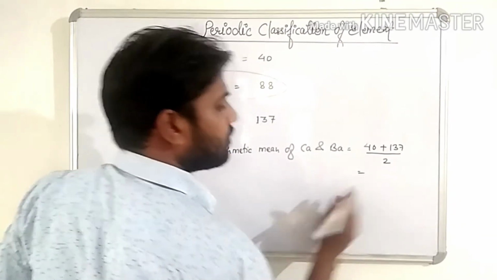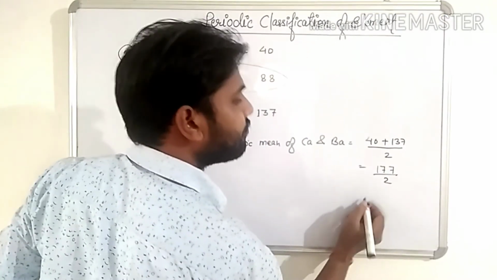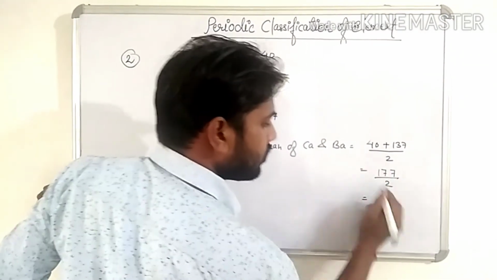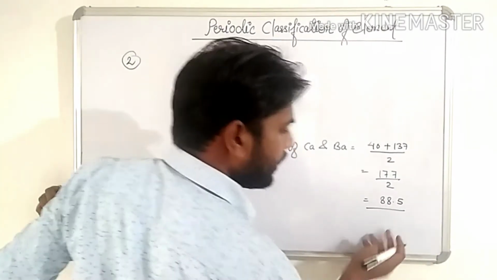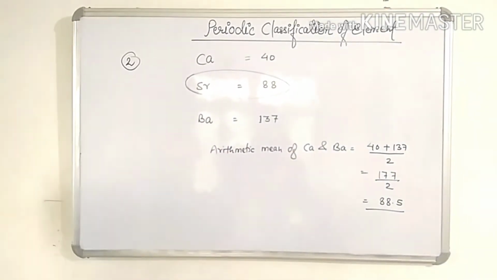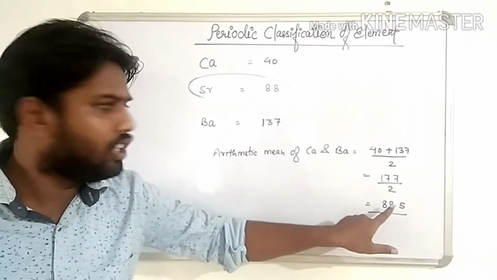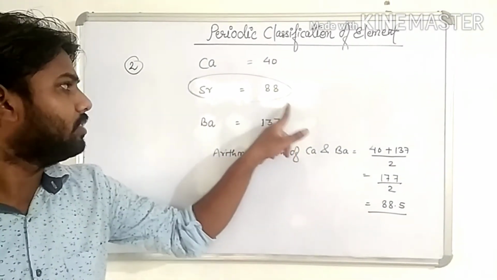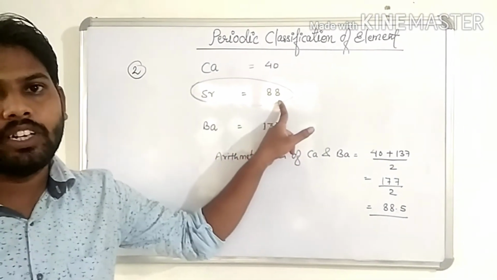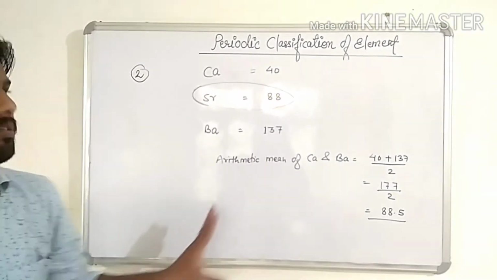We will get 177 by 2, clear? So children, the mass which we have got from this is nearly equal to strontium, children. Clear? This was the second triad of these elements.